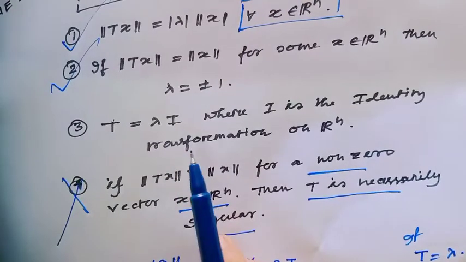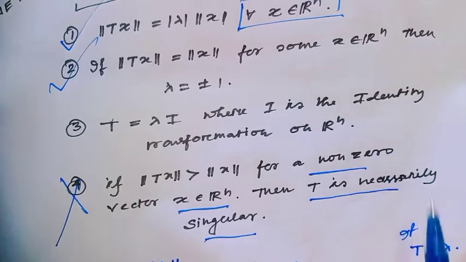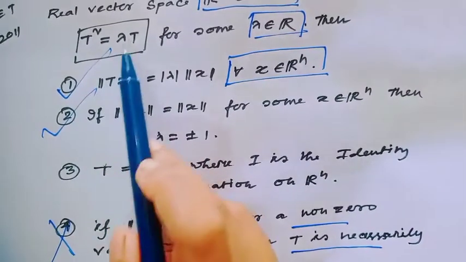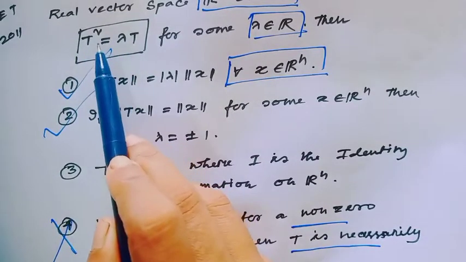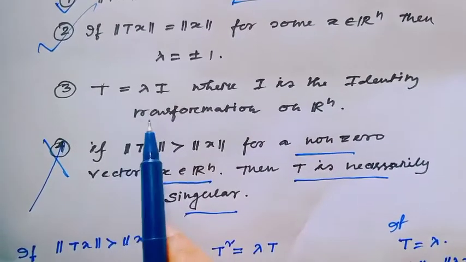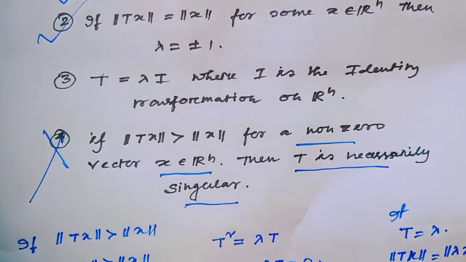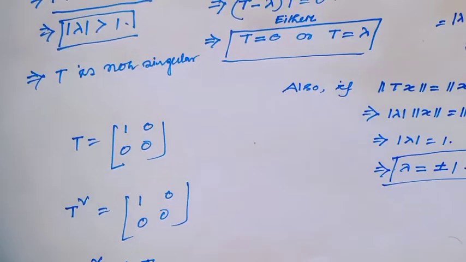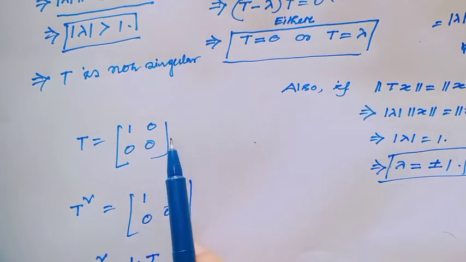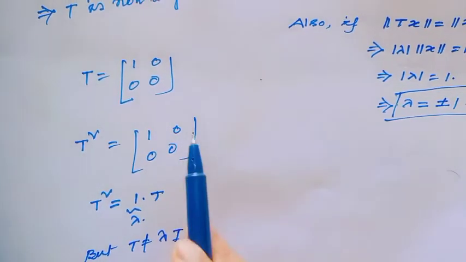Now let's see option 3. Option 3 indicates that if a linear operator satisfies this equation, then T equal to lambda I, where I is the identity transformation on Rn. For this, consider one operator T equal to this matrix, and obviously T square equal to this matrix itself.